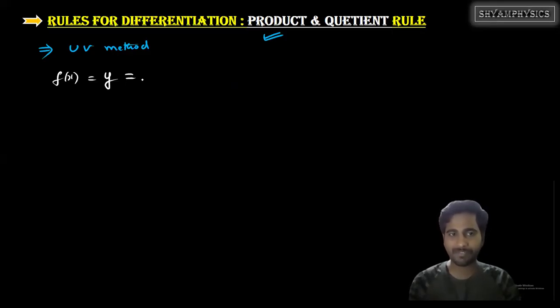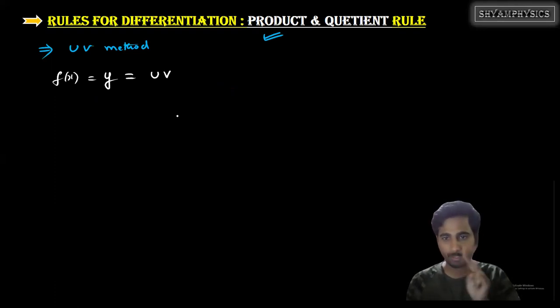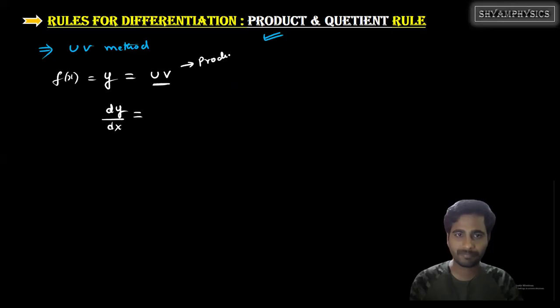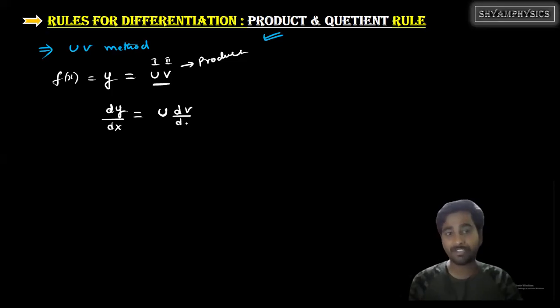Now, y is a function that has two terms here, u and v. How to differentiate this? For example, dy by dx should be equal to, whenever there is a product, this is a product, right? What you need to do: this is the first term, this is the second term. Keep the first term as itself, u. Differentiate the second term with respect to the given variable.